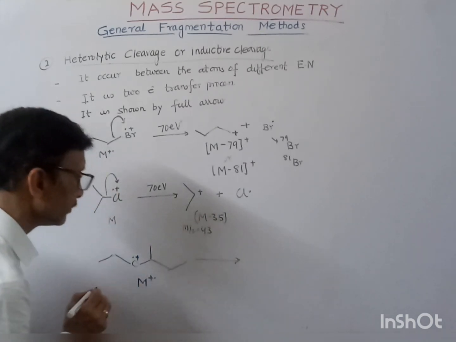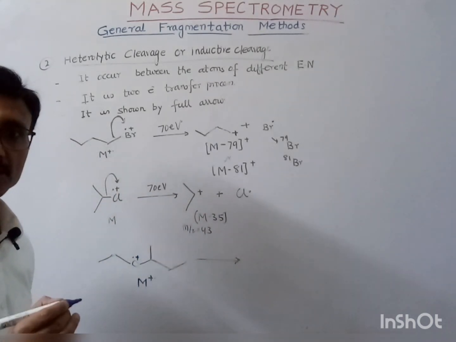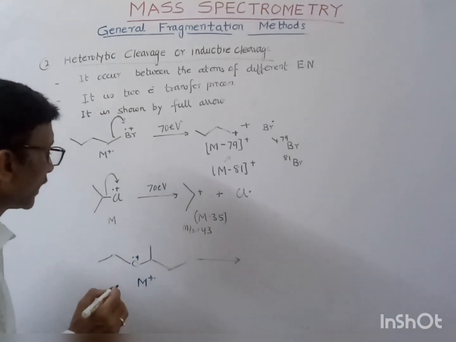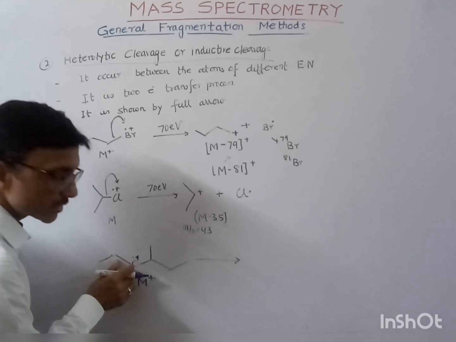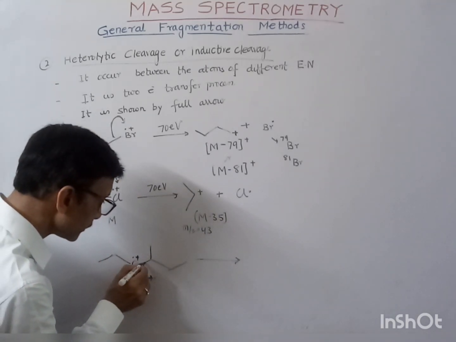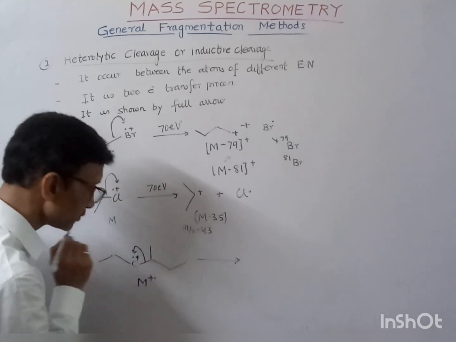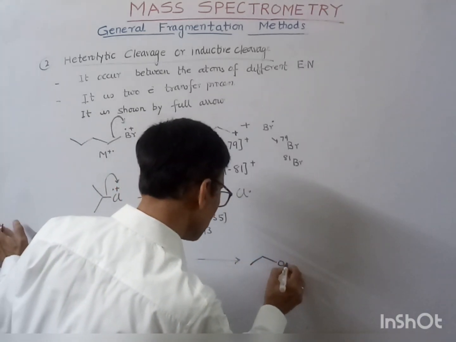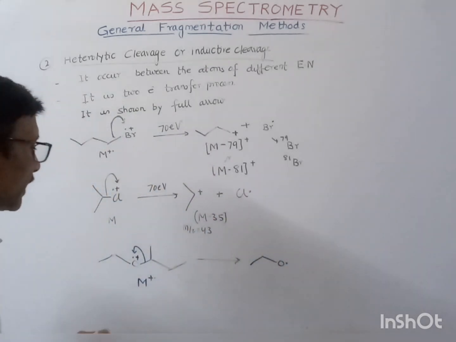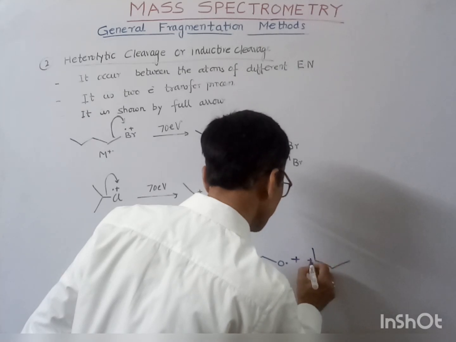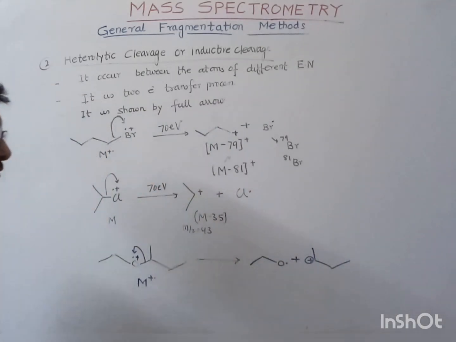The molecular ion will undergo heterolytic cleavage. Heterolytic cleavage means between atoms of different electronegativity. The cleavage may take place from here. This is one of the possibilities. You will get this radical, plus one of the peaks will appear due to this fragment.